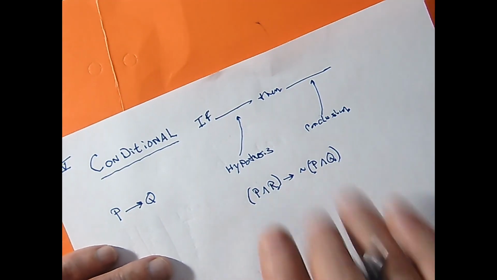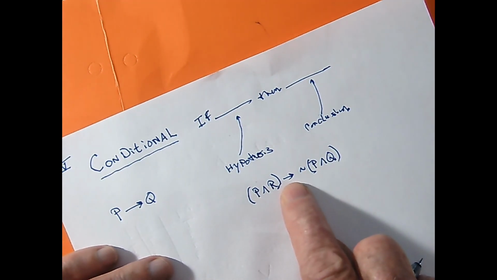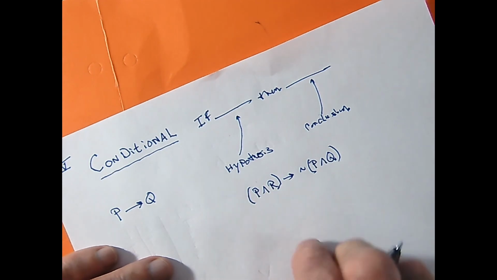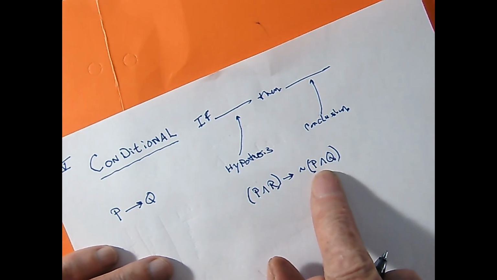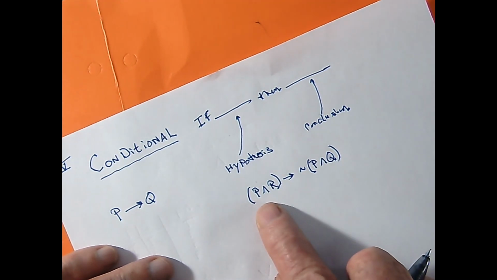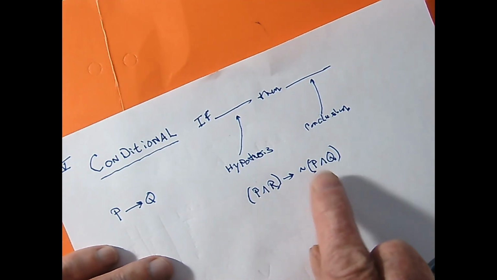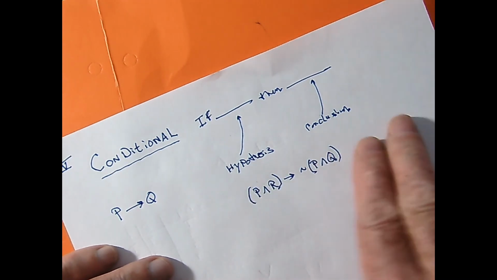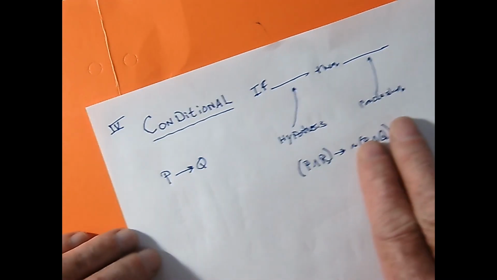This statement is a big conditional. The hypothesis is P and R, and the conclusion is not P and Q. If someone were to read this, they would say, if P and R, then not P and Q. But that's not a statement I really care about right now. That's just practicing reading this.